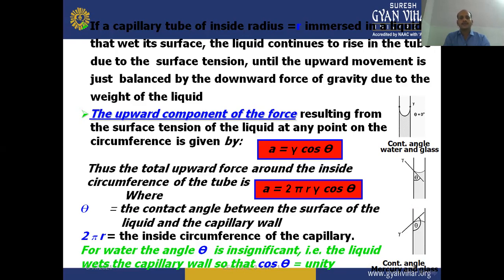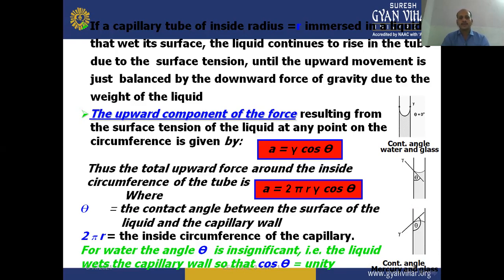Thus, the total upward force around the inside circumference of the tube is 2 pi r gamma cos theta, where theta is the contact angle between the surface of the liquid and the capillary wall, and 2 pi r is the inside circumference of the capillary. And for water, the angle theta is insignificant. The liquid wets the capillary wall, so that cos theta will be unity.